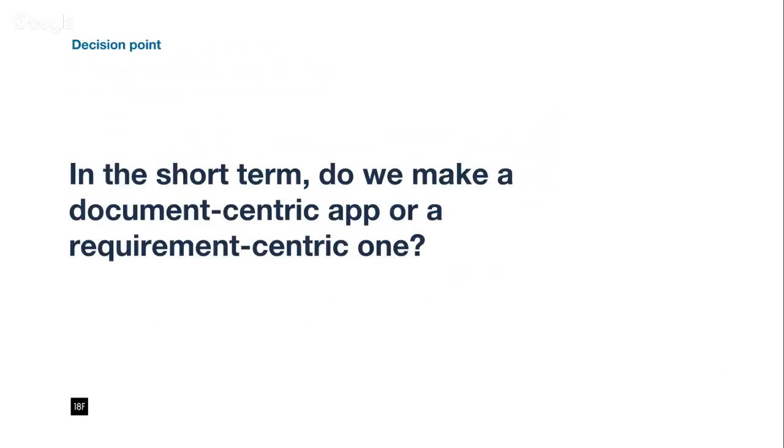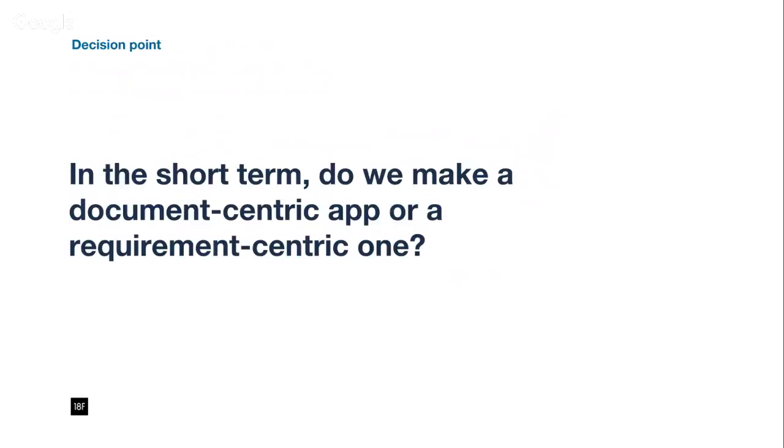if we switch gears and go with a document-centric app, then the search results would be specific policy documents. So one search result would be one policy document. The next result would be a completely different policy document. And then we would rank them somehow in order of how many times the search term appeared, or how relevant it was and how recent it was.